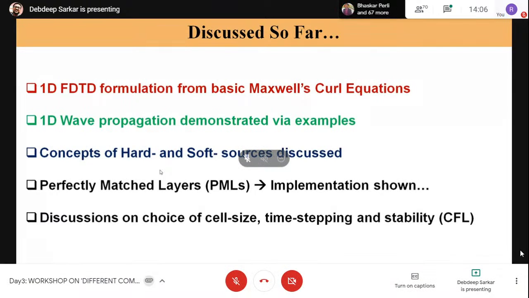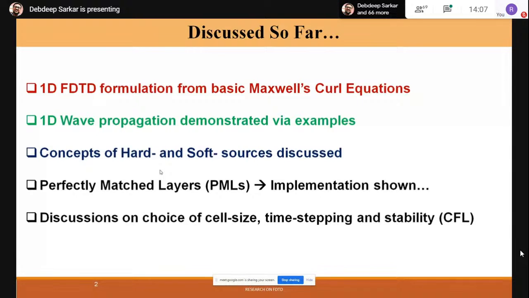But to solve a general problem, let's say you are sitting inside a room and you are talking to somebody with your cell phone, and now you try to see how the waves from your cell phone are radiating into your body. So that is a very general situation that we face nowadays.